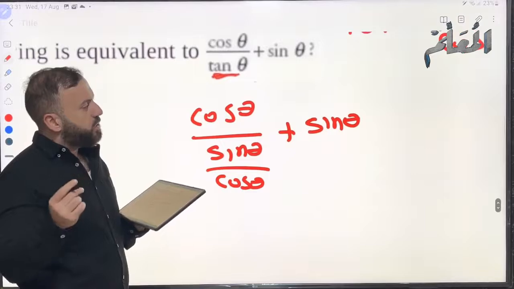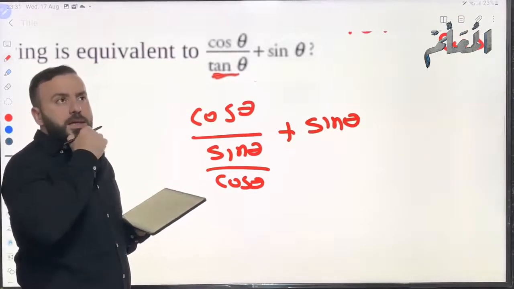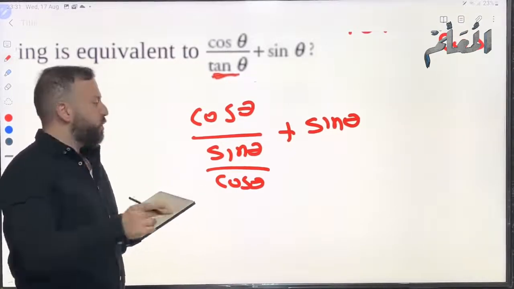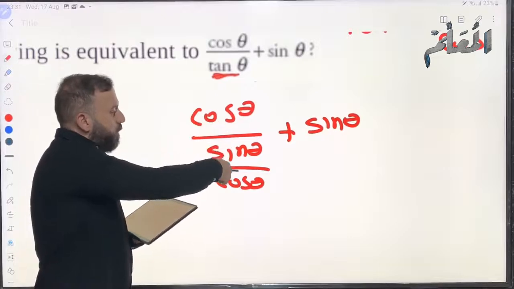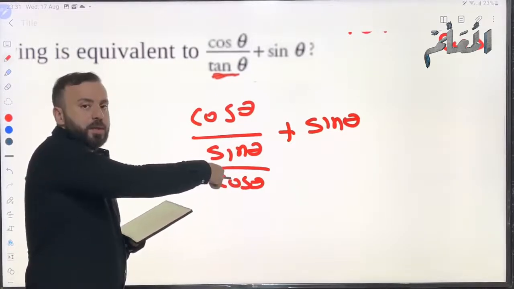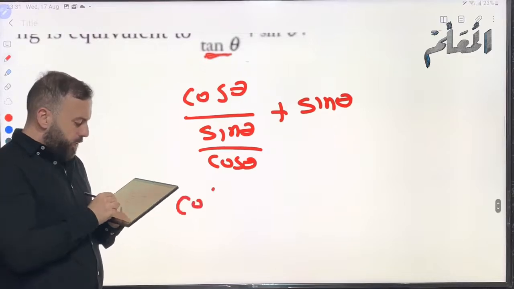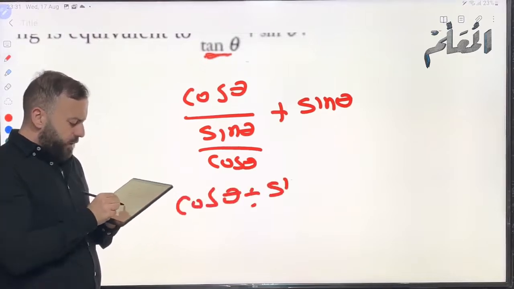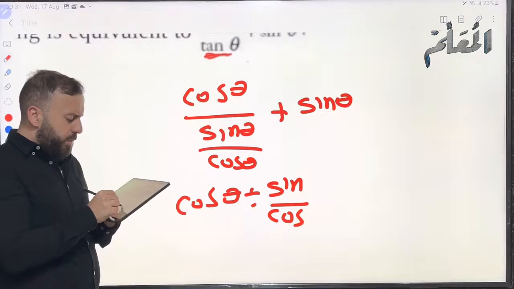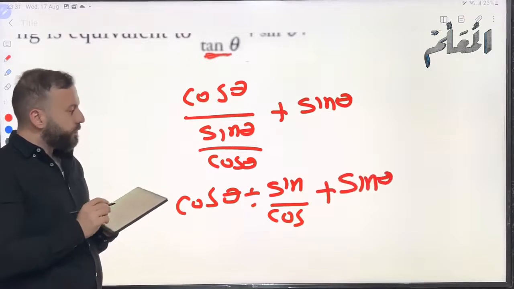I explained in chapter 2 in fractions, if we divide on a fraction, we do reciprocals, right? So that's cosine theta divided by sine over cosine plus sine theta.